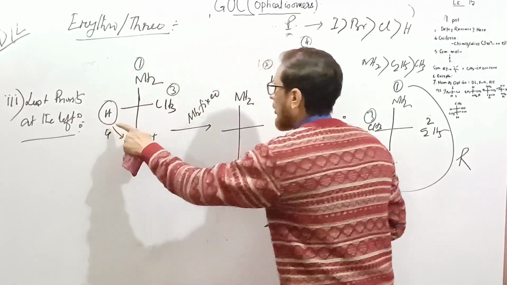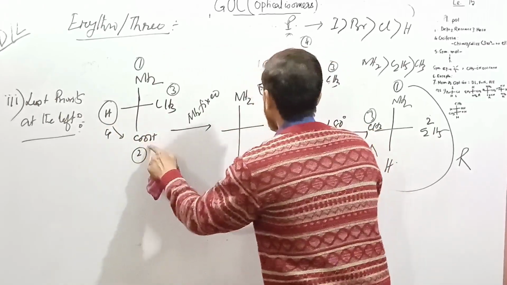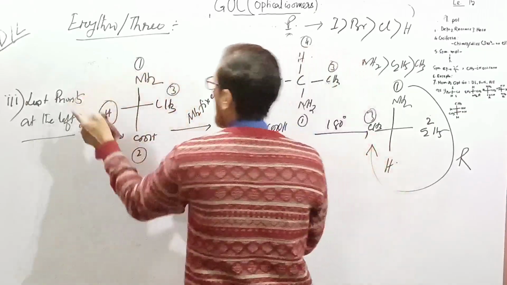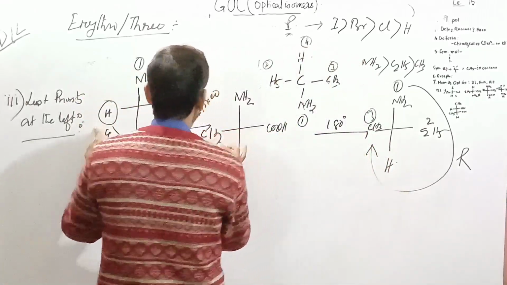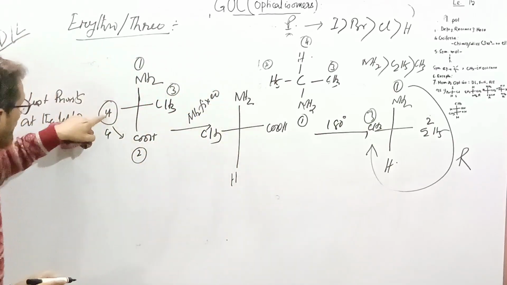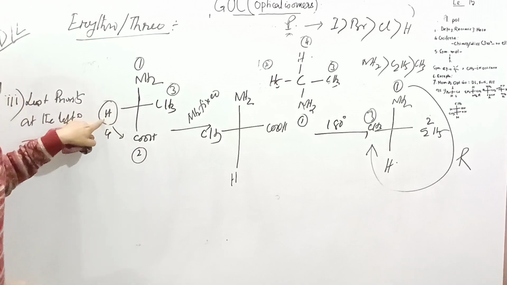Am I right? So when we keep hydrogen here, COOH will go here and that will go over there. Mind that you don't keep it on the same side. We need to bring this here. When we bring it here, that place is vacant. It is fixed.